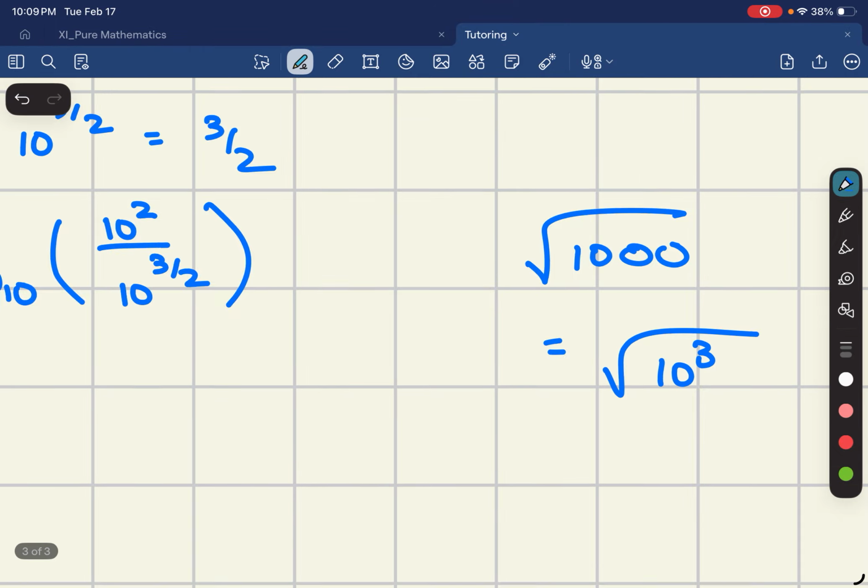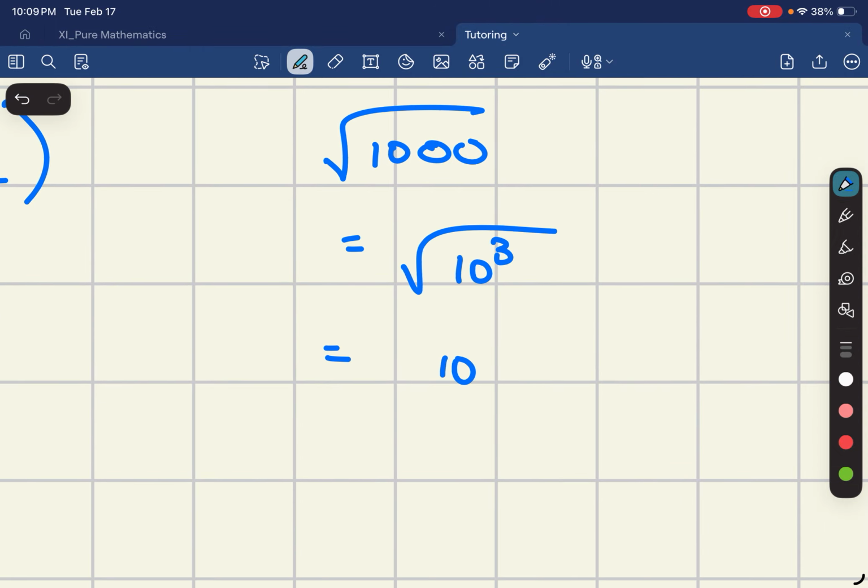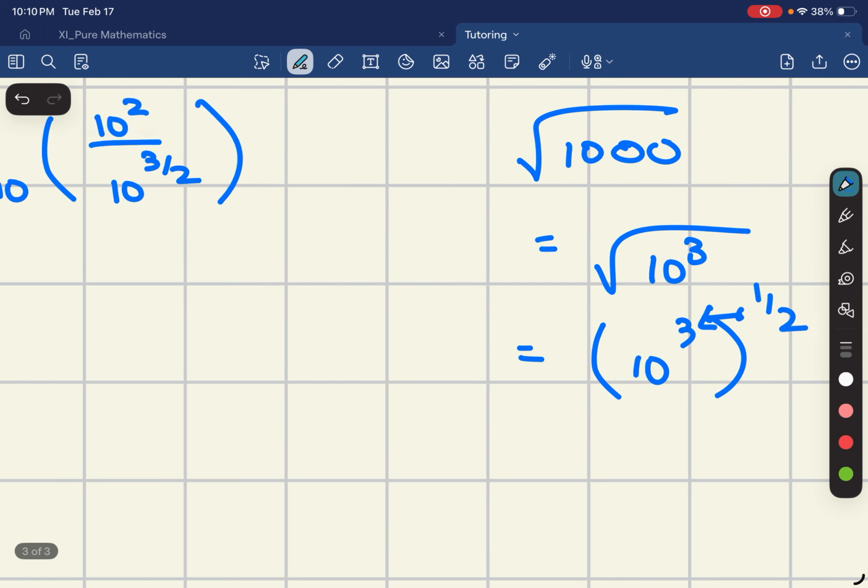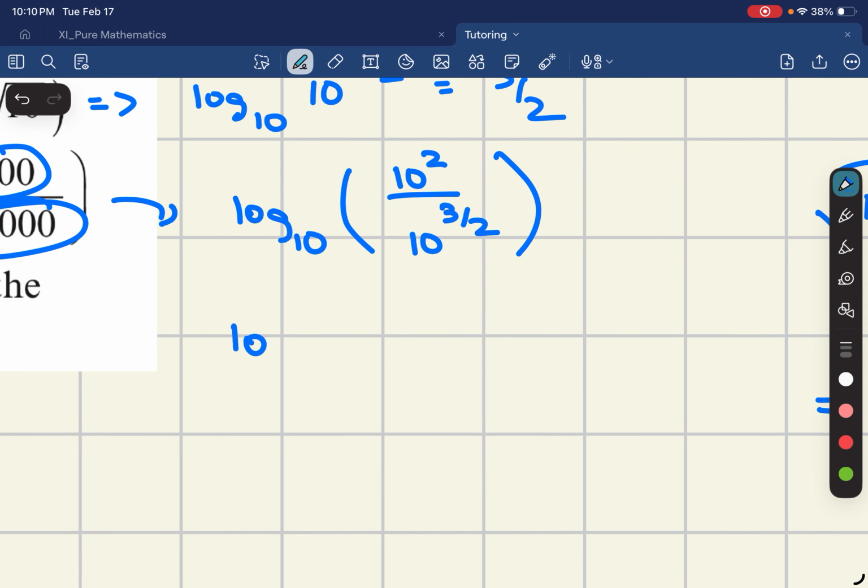You can express it as the square root of 10 cubed, and you can write this as 3 by 2, because the power rule allows us to multiply these. So we have 10 to the power 3 by 2. So I can actually subtract my powers now, because the laws of exponents allow me to do that. So that is 4 by 2 minus 3 by 2. That is just 1 by 2. So the answer just comes out to be 1 by 2.